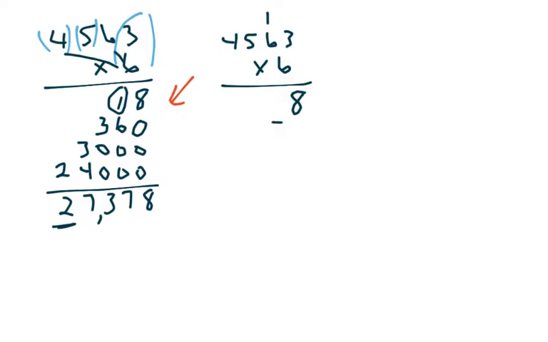I'm going to multiply 6 times 6 is 36 plus 1 is 37. So I'm going to put the 7, and I'm going to regroup the 3 because it is 300, right? Right there it is, 300. And I'm going to put that over here in the hundreds place. And that's what it was over here, in the hundreds place.